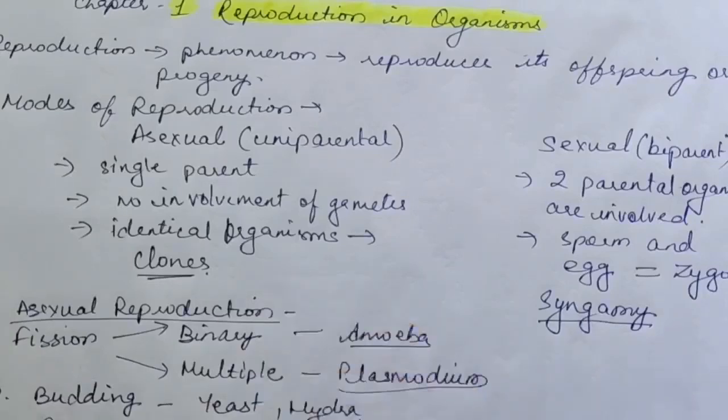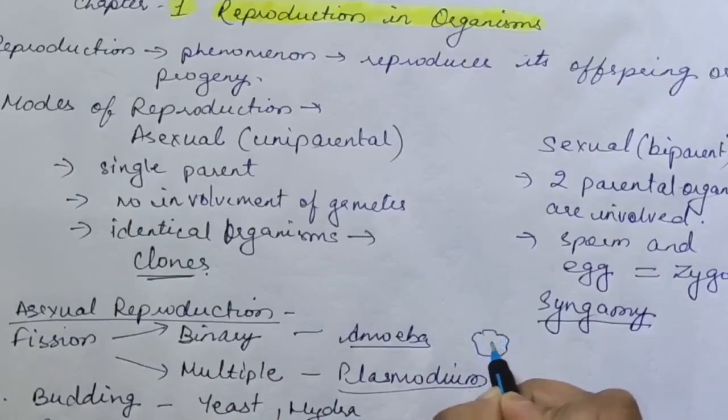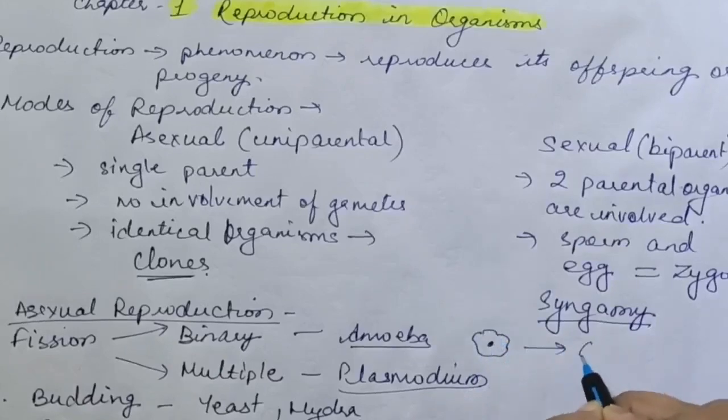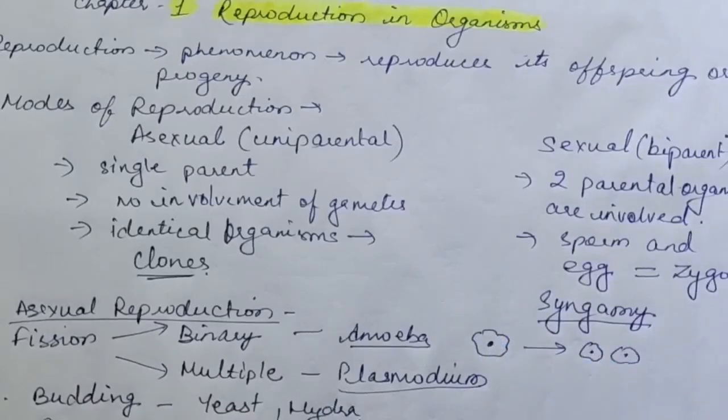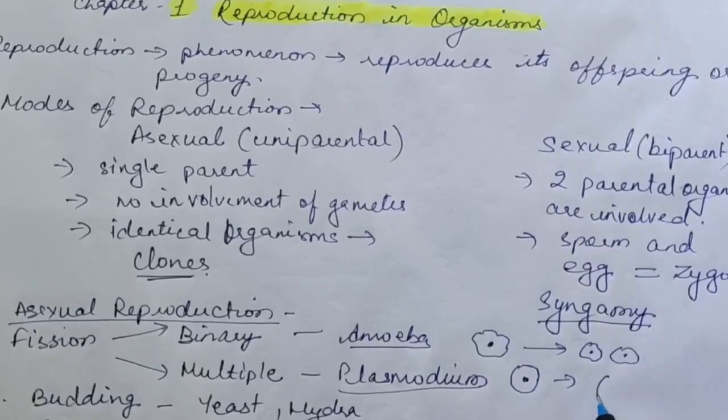Let us revise this. Fission, where one parental organism divides into or splits into two daughter cells. Multiple fission. In multiple fission, what happens? The single spore of Plasmodium forms multiple nuclei.